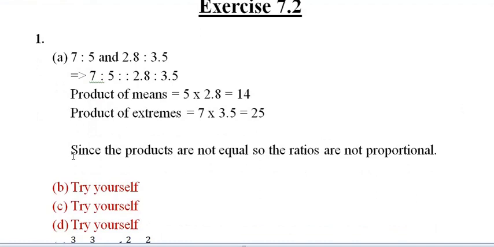So since the products are not equal, the ratios are not in proportion. You can write it like that, are not in proportion or are not proportional. You can write it any way. The same way you can solve questions B, C, and D.